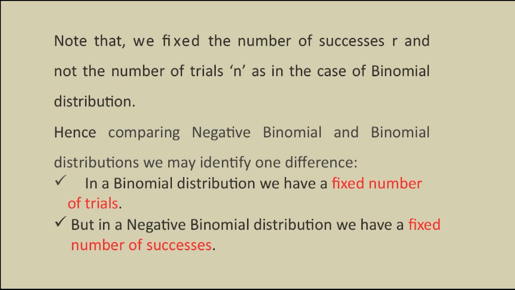That is, n is fixed, and we count the number of successes, which will be r, and the probability of x equal to r is given by the binomial distribution probability mass function. So, in a binomial distribution, we have fixed the number of trials, but in the negative binomial distribution, we have fixed the number of successes.